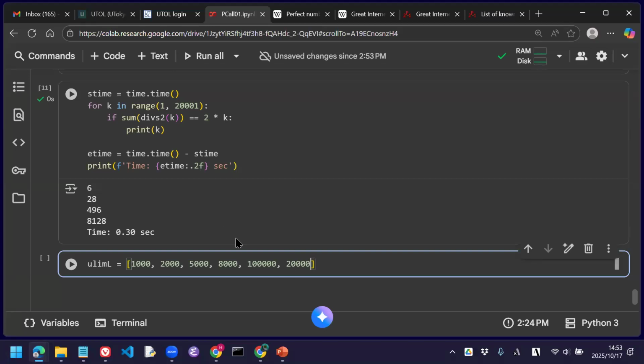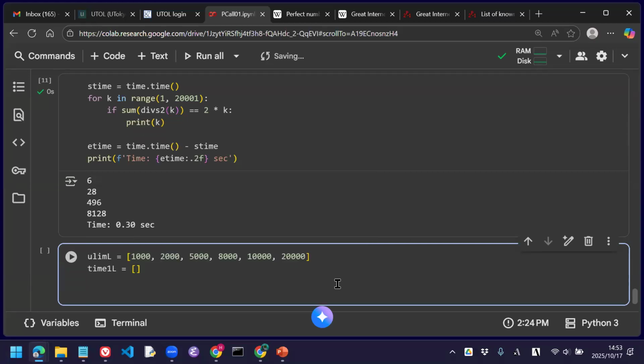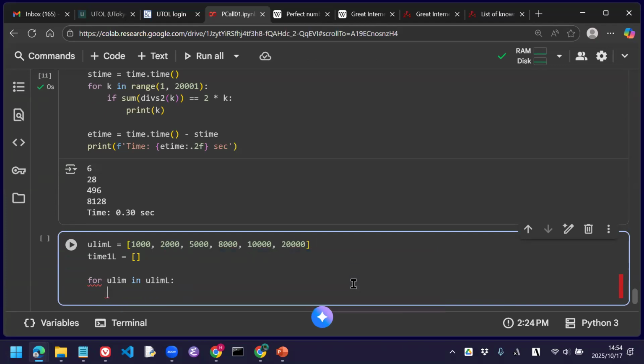Maybe this is large enough. For each, we'll have time1L initialized as an empty list and loop over the upper limit in the upper limit list.